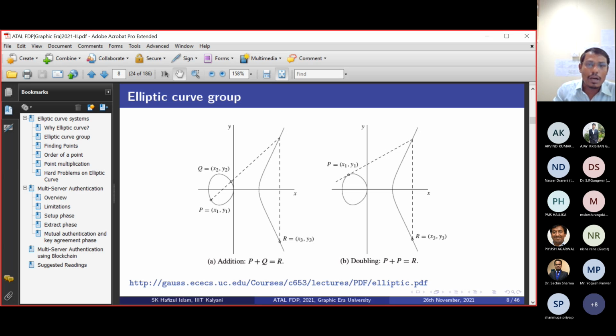It will cut this curve at the minus R point. The elliptic curve equation is y square equal to x cube plus ax plus b. So it will satisfy this elliptic curve, because this line cuts the curve at some point.